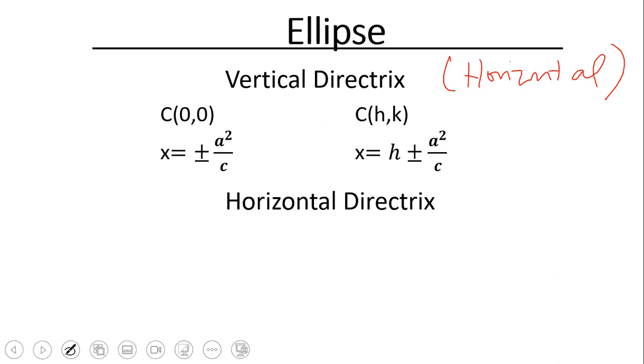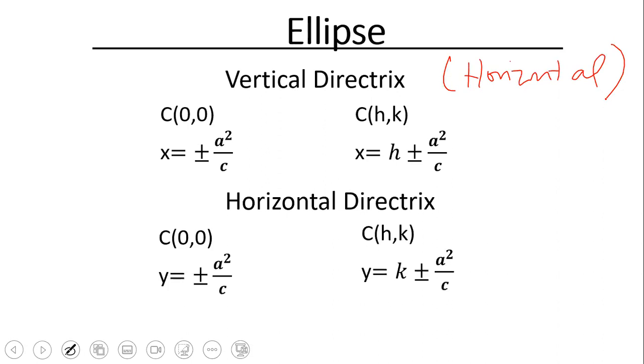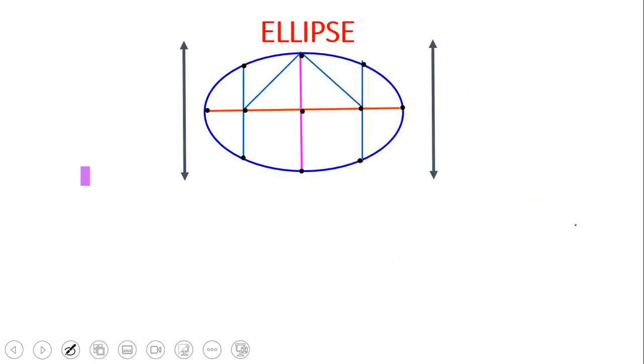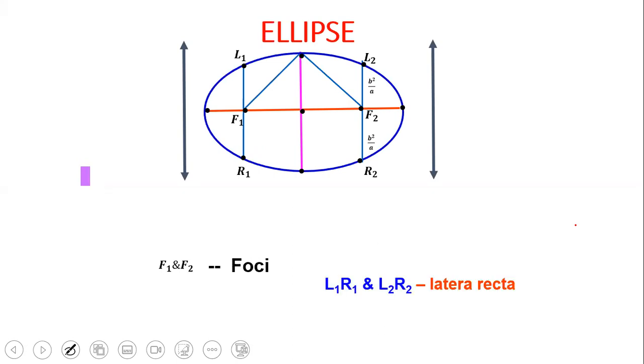And for the last part, you also have the vertical major axis. For the parts, you also have the following foci. You also have the latus rectum or the latera recta in plural form. And the distance is 2b squared over a.